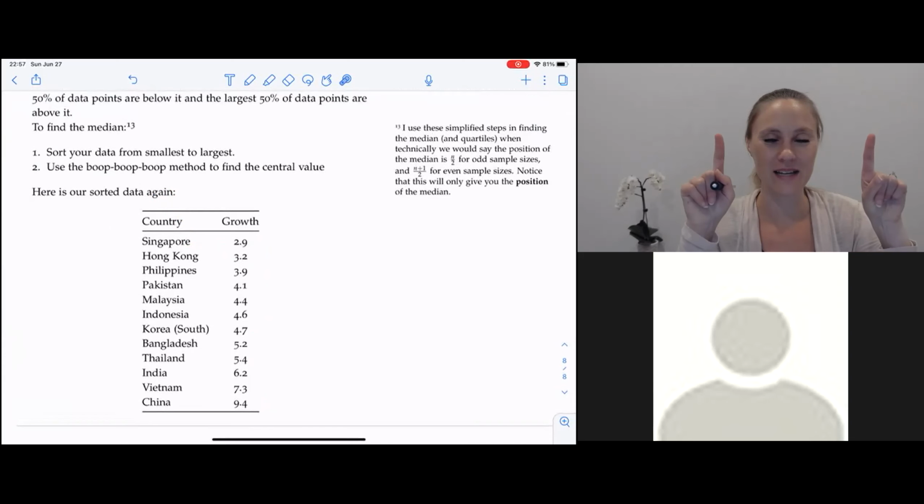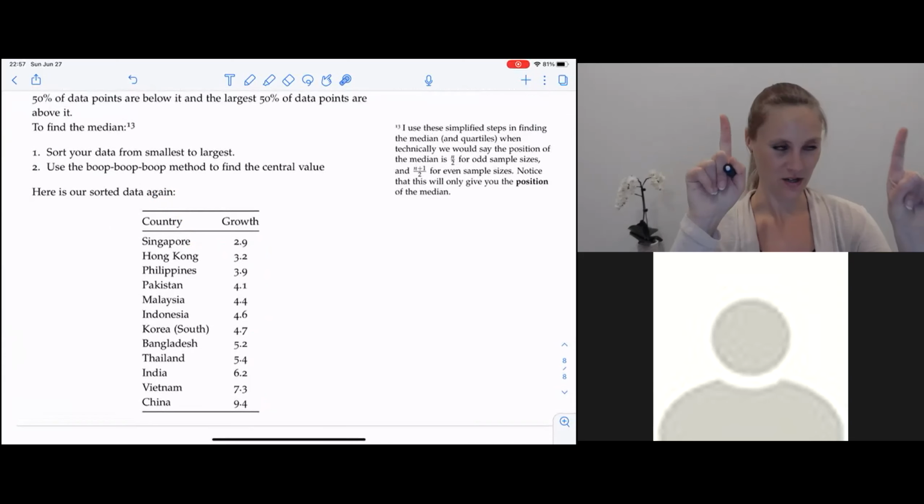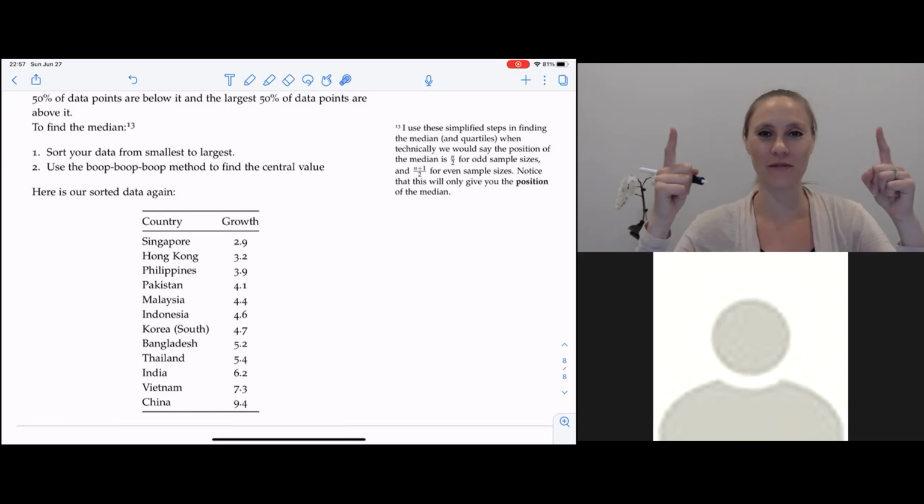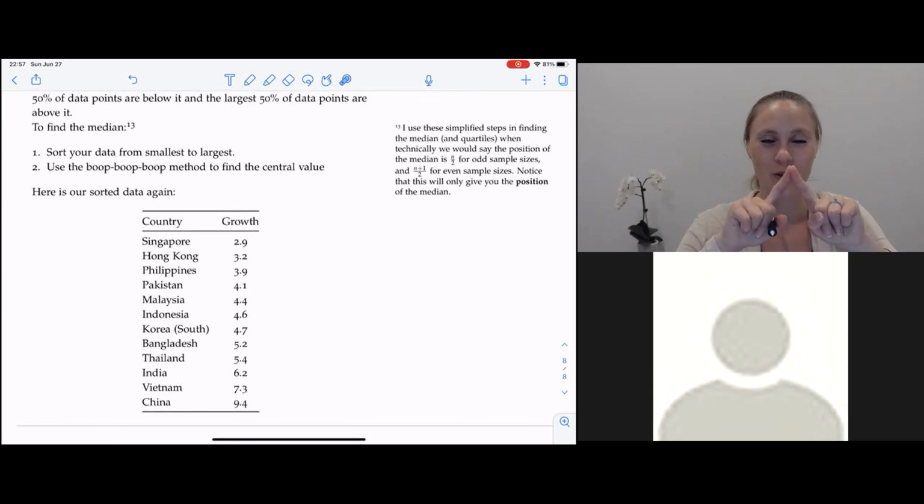What you're going to do is put your fingers, or whatever things you want, starting from the outside, and boop, boop, boop your way into the middle. You're either going to land on one value or on two values. If you land on two values, you're going to circle them and draw a line through, and that line is the average of those two values, and that line is going to be your median. It's easier if we just land on a value.